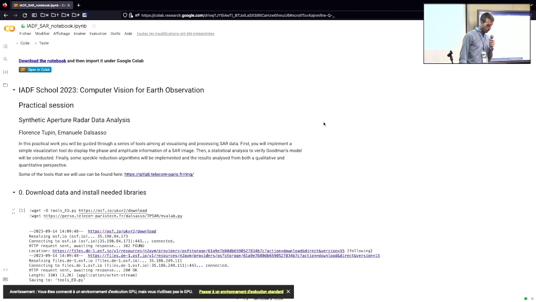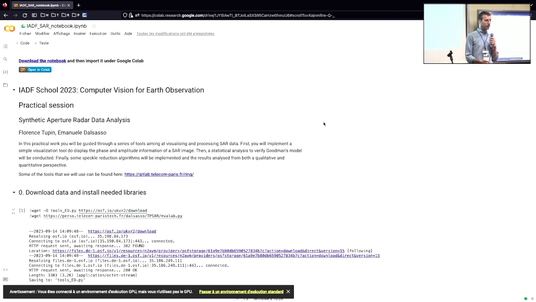Then what we are going to see is some speckle reduction techniques. We will implement some simple techniques, what was called the pixel-based speckle suppression techniques.